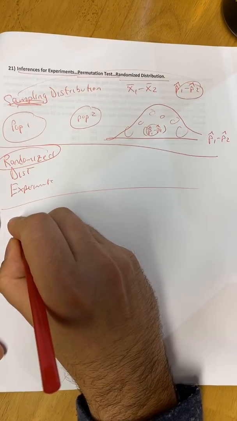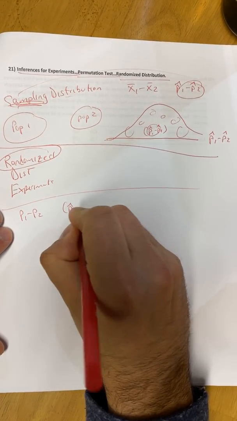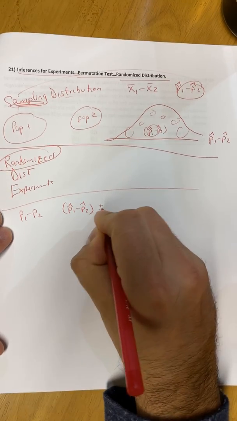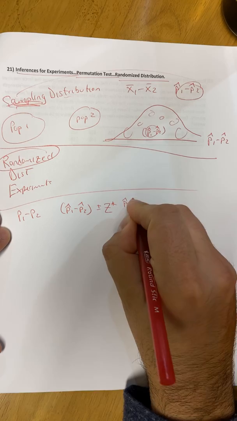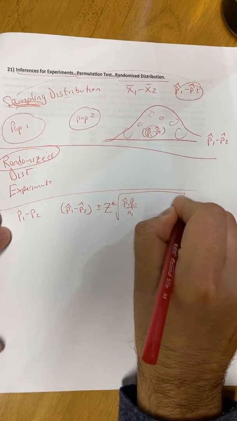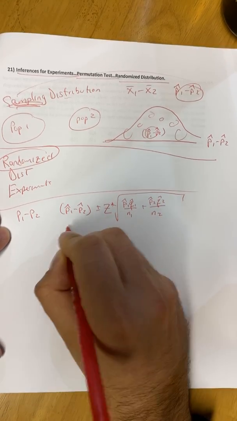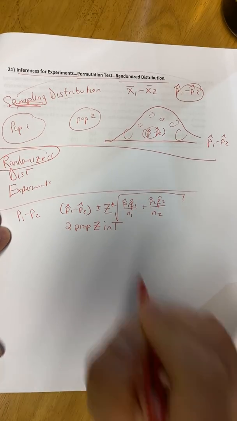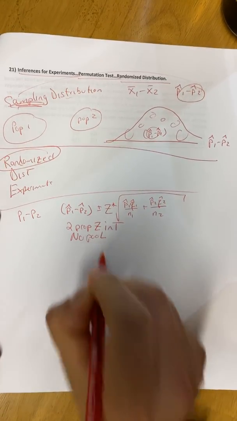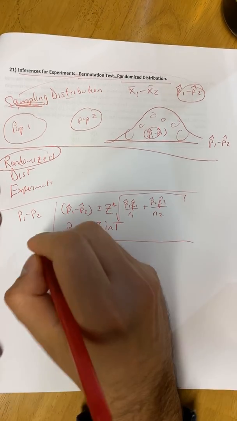Make sure you're reading the book, but for proportions, p1 minus p2, the confidence interval, p hat 1, q hat 1 over n1, p hat 2, q hat 2 over n2, 2-PropZInt, all right, no pool. If we're doing a hypothesis test, see, this is a CI.